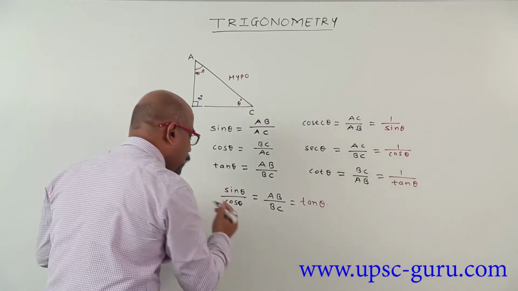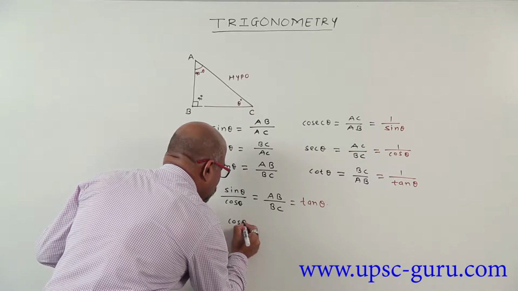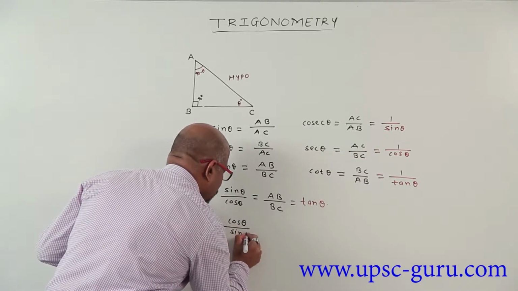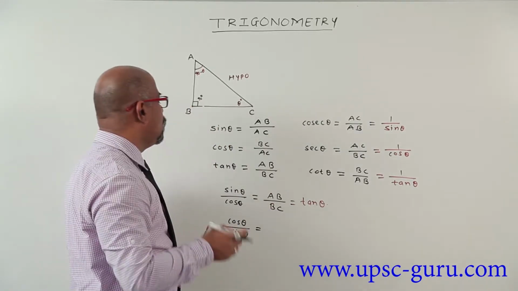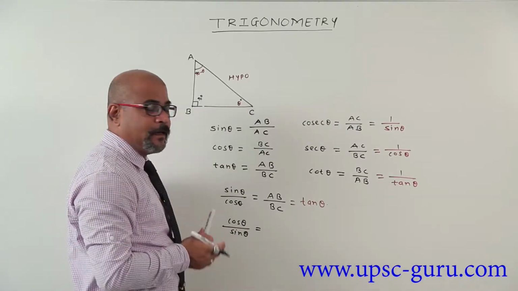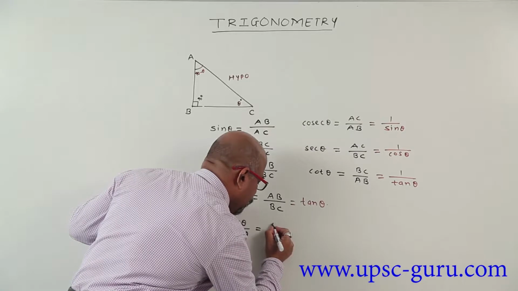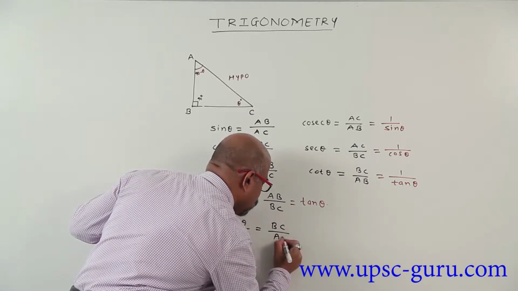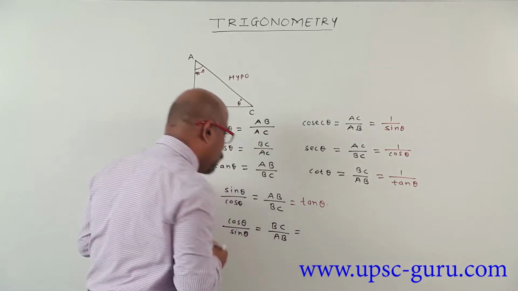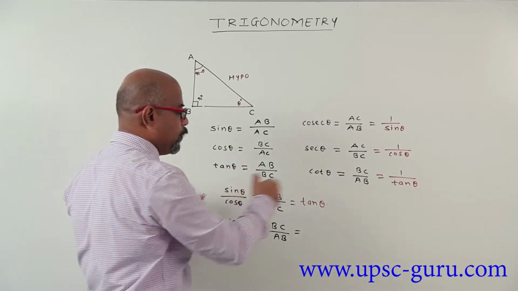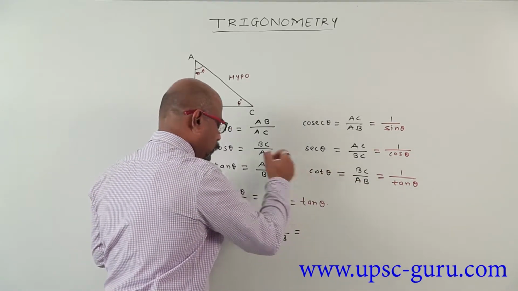Take a reciprocal of that. Cos theta upon sine theta. What we get? Let us find. Cos theta upon sine theta, again AC upon AC get cancelled. We get BC upon AB. That is nothing but what? BC upon AB is nothing but cot theta.